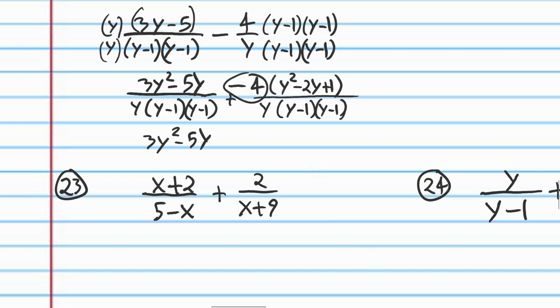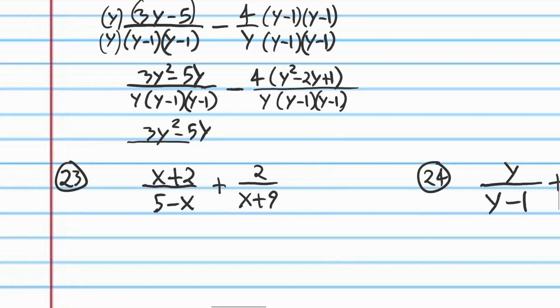So this should just be a negative 4, and then you'd be adding. But I'm not going to do that. I don't want to confuse you. I want to do this problem the same way we did the other problems. So 4 times all of that, use the distributive rule. We get 4y squared minus 8y plus 4.